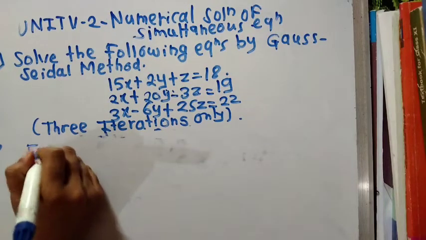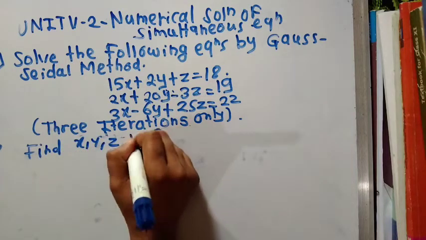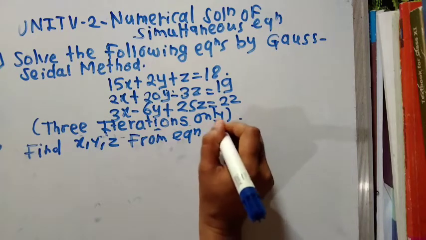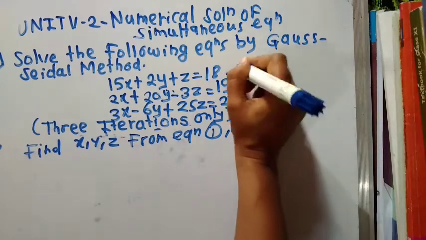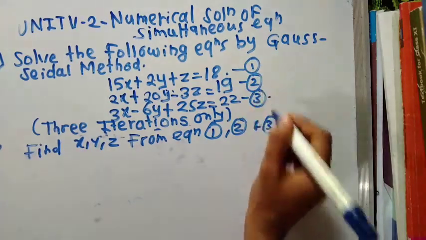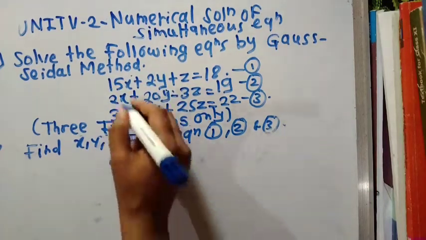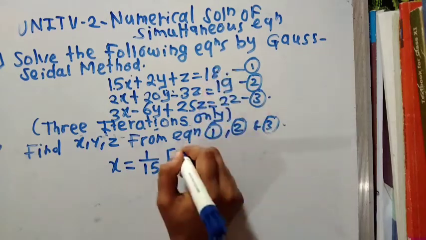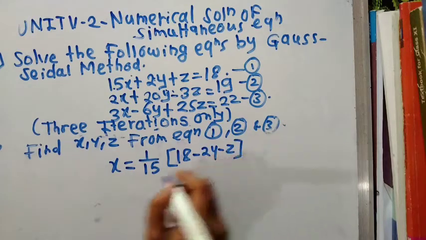Hence, first find out x, y and z from equation first, second and third. So from equation first, coefficient of x is 15, so x equals 1 divided by 15 times (18 minus 2y minus z).